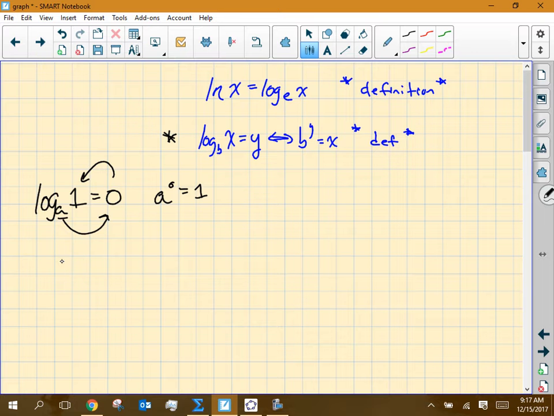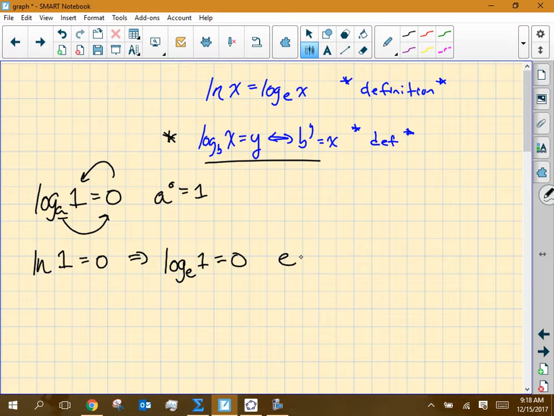Well, when I write ln of 1 is equal to 0, these two things are saying the exact same thing, okay? Because a up here is just some arbitrary base, right? What's the base right here for ln of 1? E, okay? So if I rewrite this as log base e of 1 is equal to 0, now apply the definition of a logarithm.